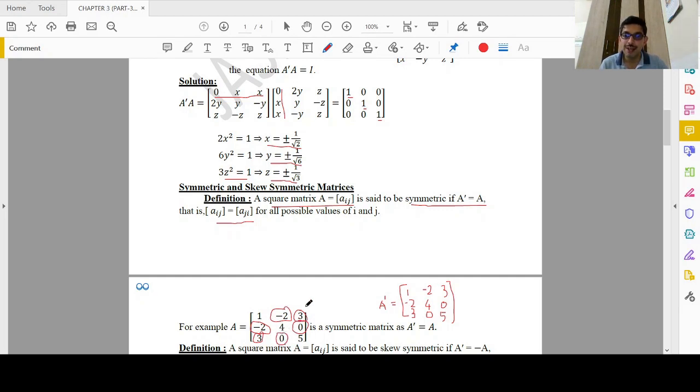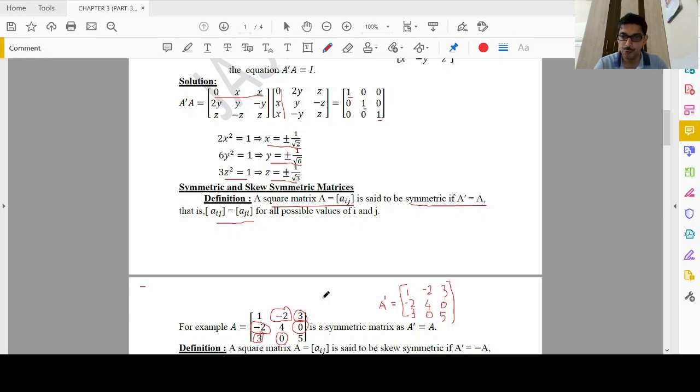If these three pairs of elements, a12 and a21, a13 and a31, a23 and a32, in a 3 by 3 matrix are same, then only it will be a symmetric matrix. And you can see that the diagonal elements for a symmetric matrix can be anything, because when we find the transpose, the position of the diagonal does not change. So it's very easy to verify whether a given 3 by 3 matrix is symmetric or not.